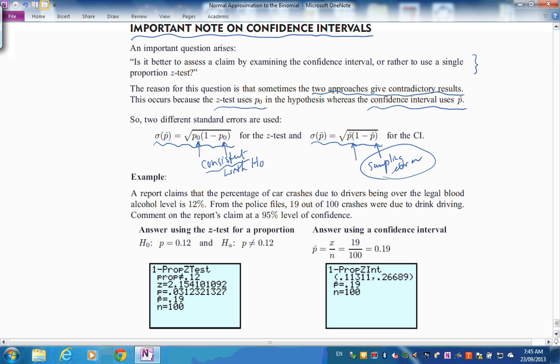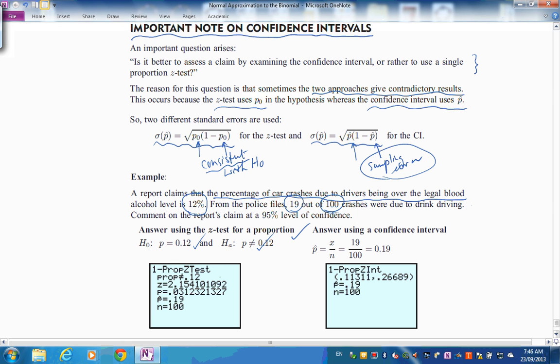A report claims that the percentage of car crashes due to drivers being over the legal blood alcohol limit is 12%. From police files, 19 out of 100 were due to drink driving. Comment on the report's claim. Let's use the Z-test. So have a look at the difference here now. The claim is 0.12, and so the null hypothesis is P equals 0.12 and the alternative hypothesis is P not equal to 0.12.